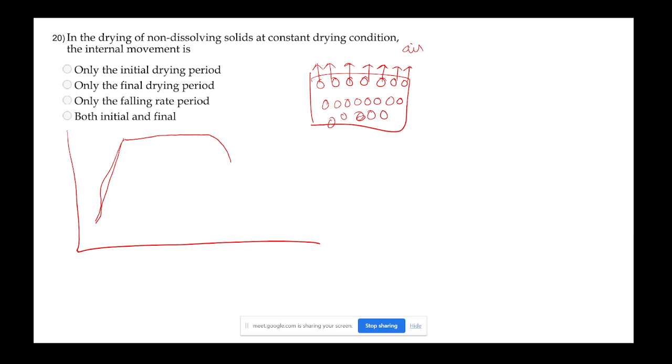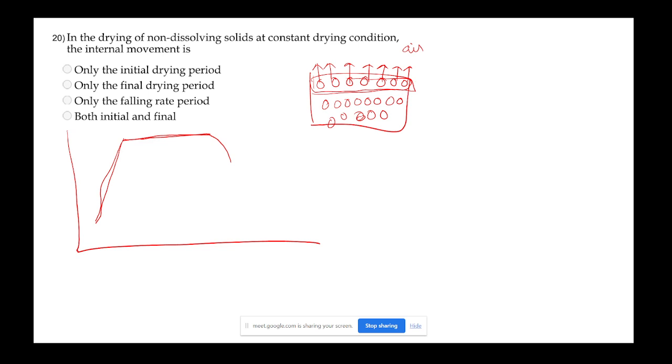So on the surface it has enough quantity and this remains constant, and that is why a constant rate is maintained for evaporation of the same amount of water molecules.